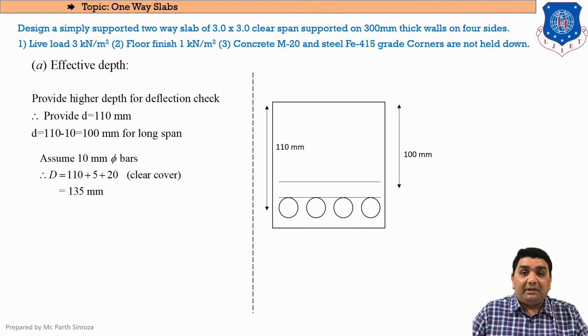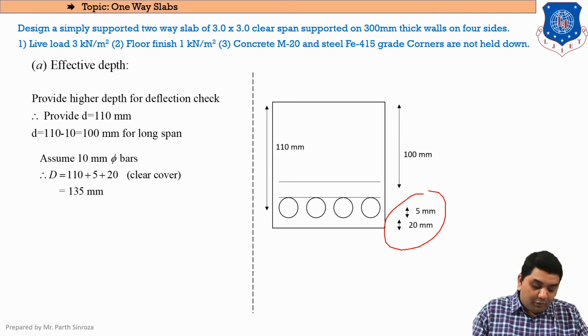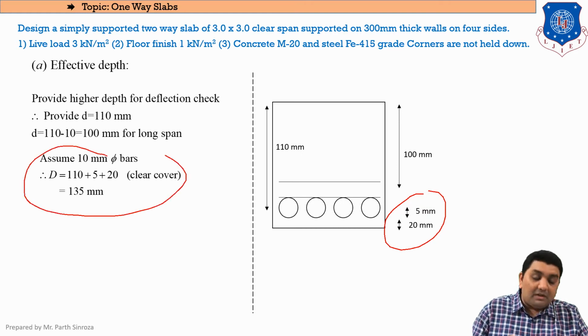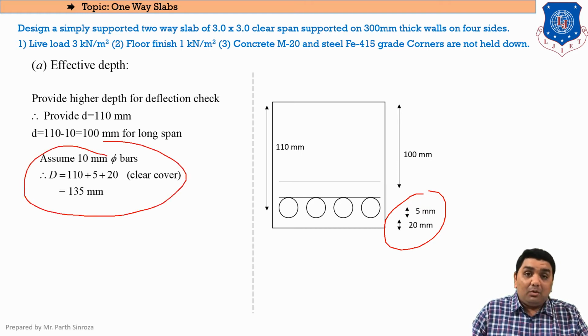And as we have seen effective cover, it can be directly written as 25, or you can bifurcate it into clear cover plus 5/2. So assuming 10 mm diameter bars, our later dimensions will be 5 plus 20 equal to 25. So you can either write it as effective depth directly equal to 25 effective cover, or mention it with this equation, that is capital D equal to 110 plus 5 plus 20.